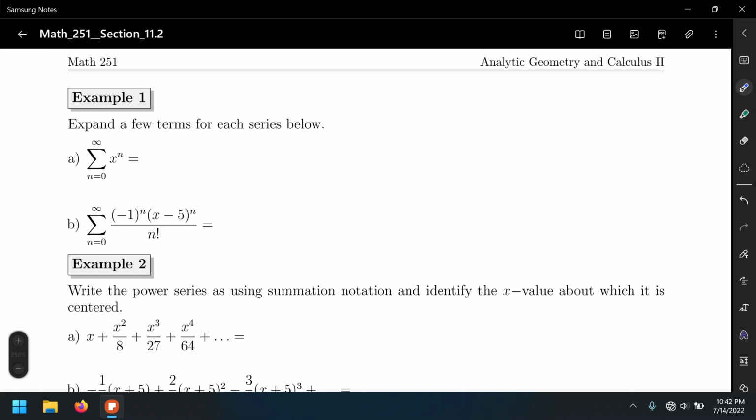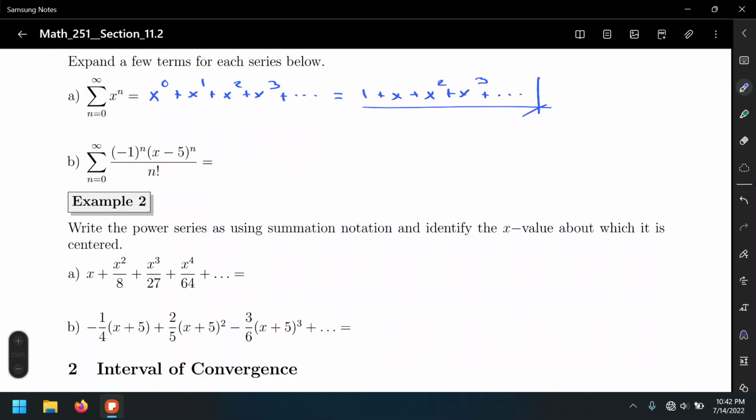So we have x to the 0 plus x to the first plus x to the second plus x to the third plus etc. We don't have to write too many of them. That gives us x to the 0 is 1, plus x squared plus x cubed plus etc.